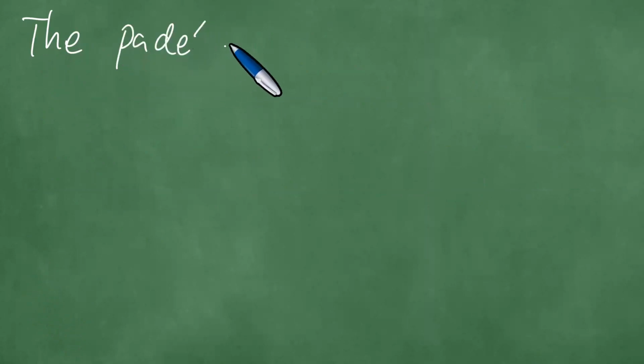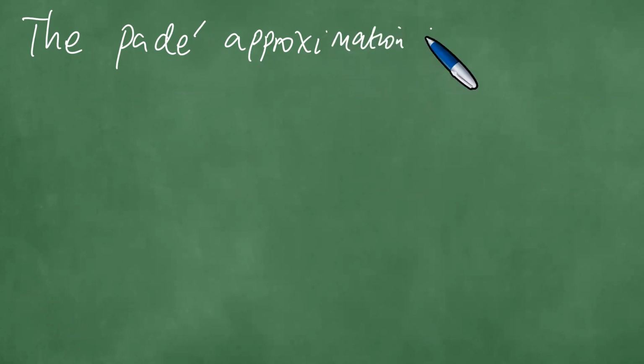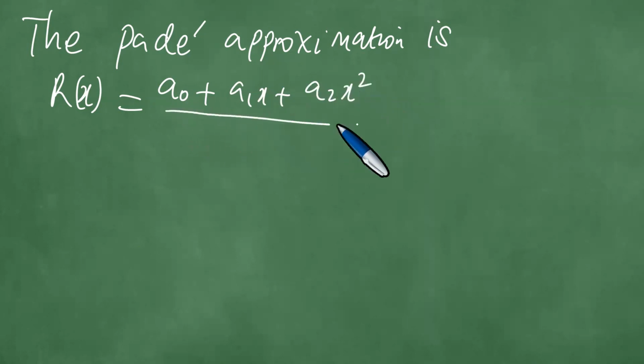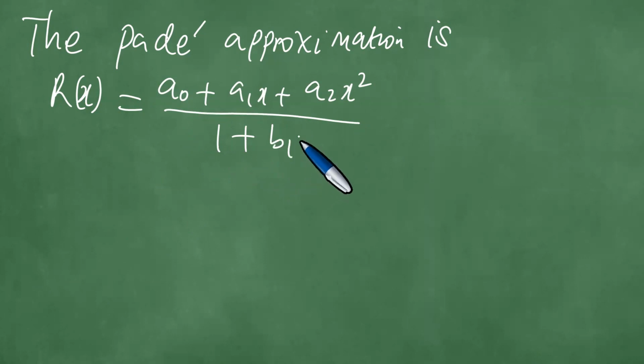The couple of things we need to consider as we consider the Pade approximation is to say the Pade approximation is R of x, which equals a0 plus a1x plus a2x squared, divided by 1 plus b1x.